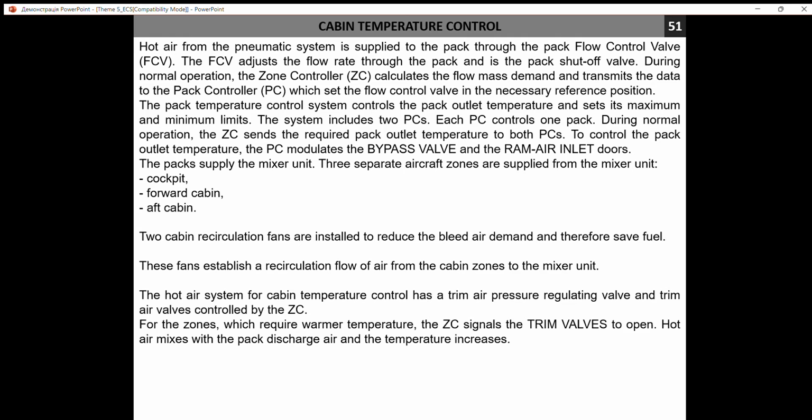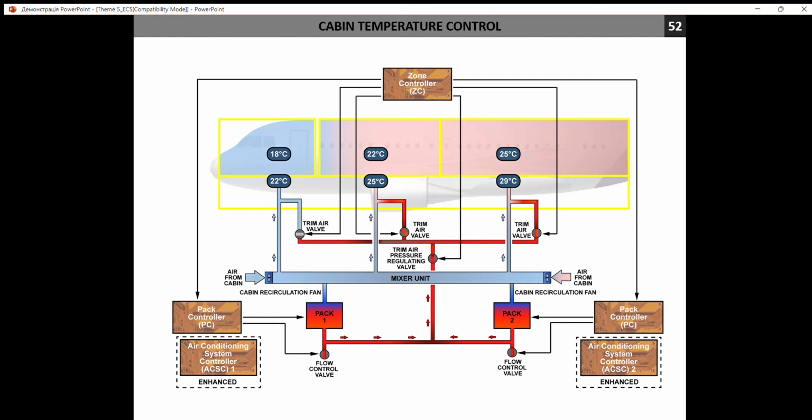Cabin temperature control is the first, the main function. We are interested in the regulation of temperature by zones. Typically, aircraft has a few zones. In most cases, there are 3 zones: for the cockpit, for the forward part, and for the aft part of the fuselage.